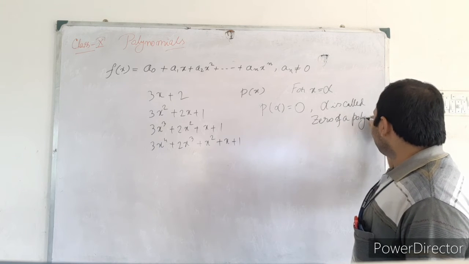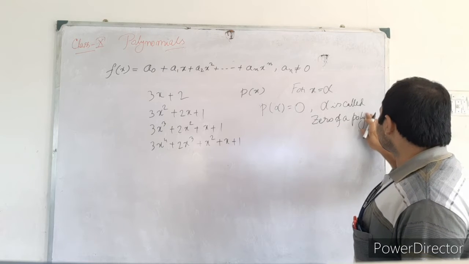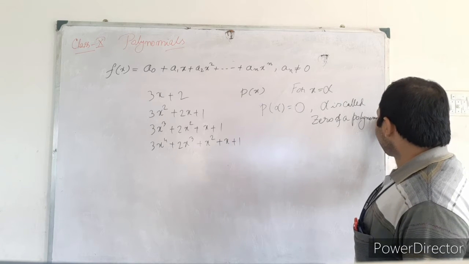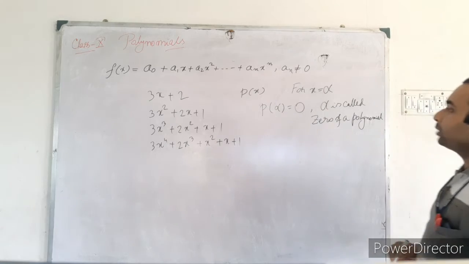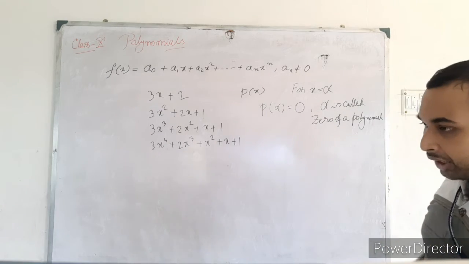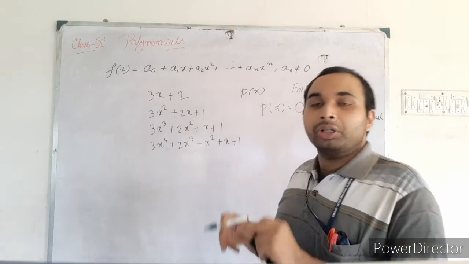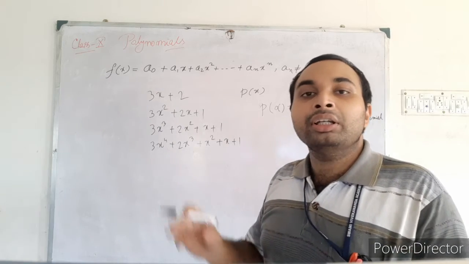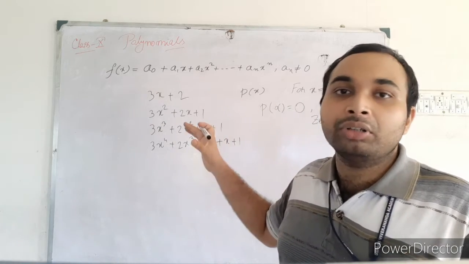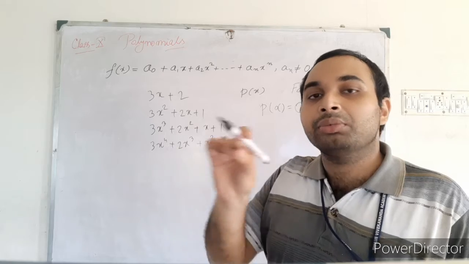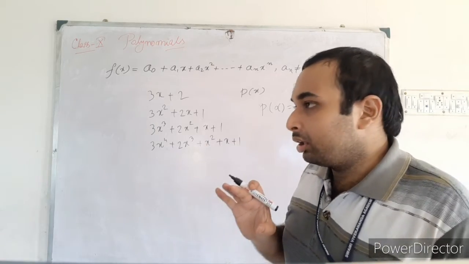This concept is very interesting and also very important. For a value of x, if the value of the polynomial gets 0, then that value of x is called the zero of the polynomial.